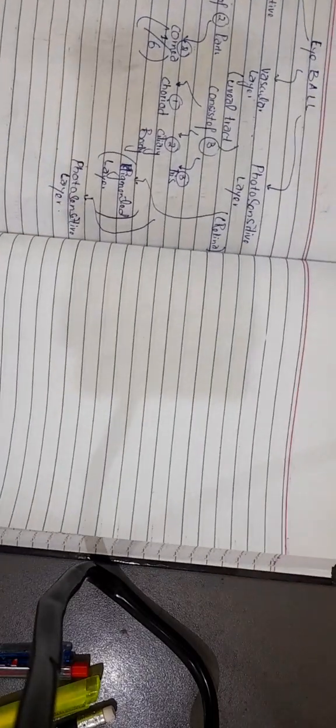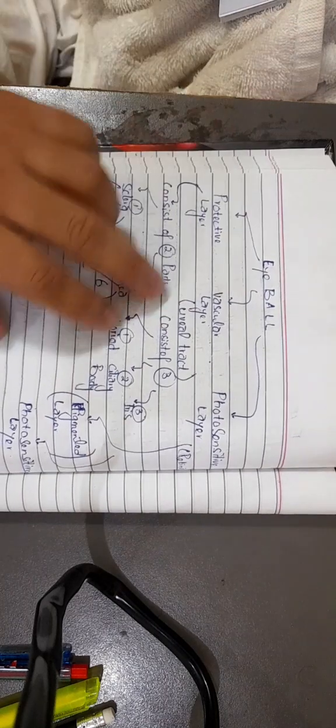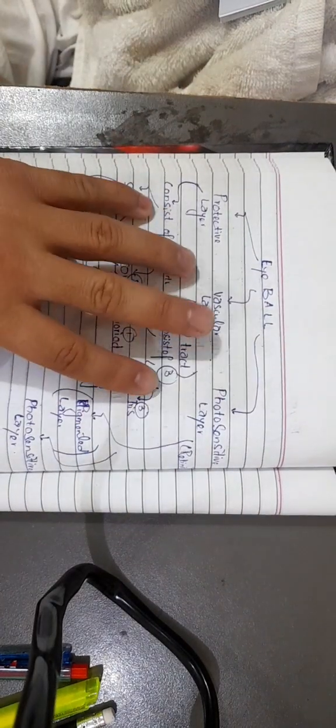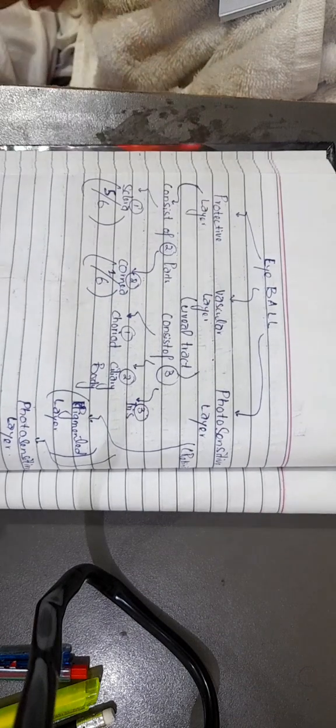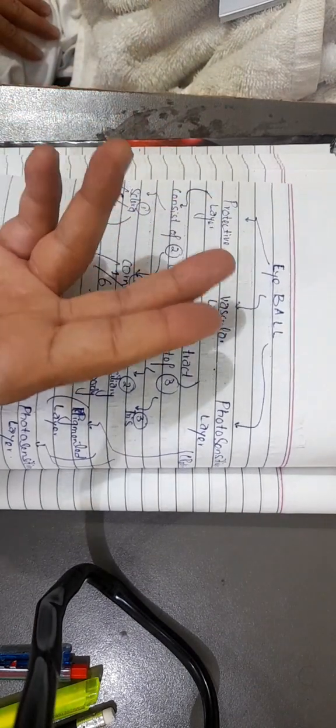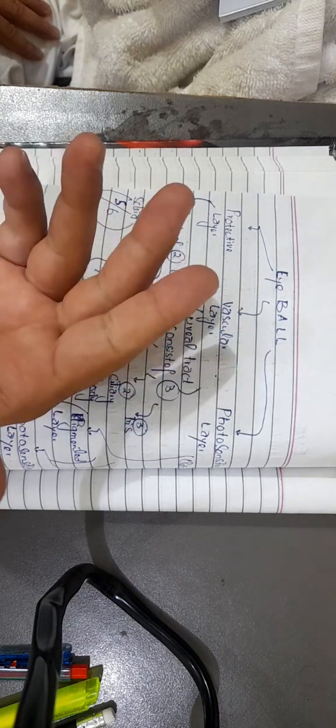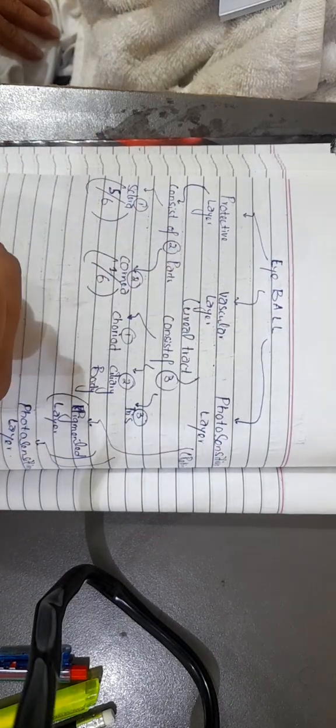For review, you can see here the eyeball consists of three layers. The first one is the protective layer, the other one is the vascular layer, and the third one is the photosensitive part of the eyeball.